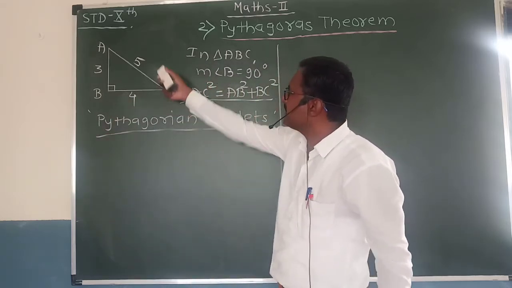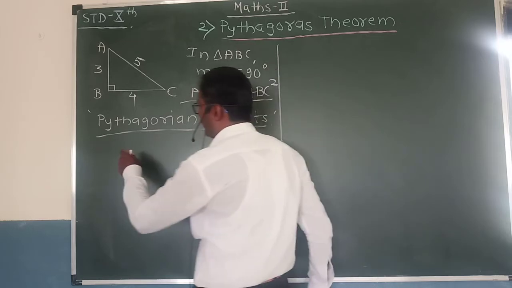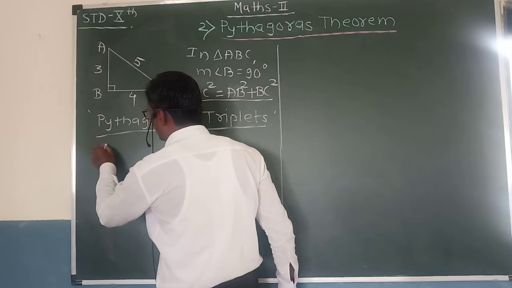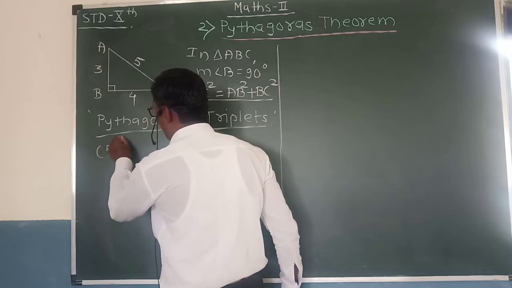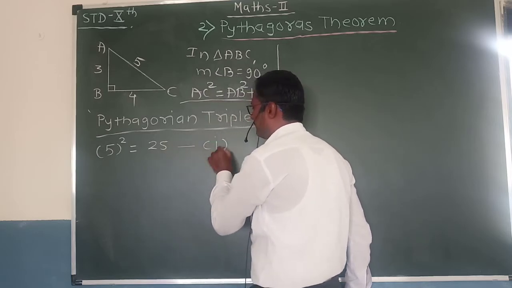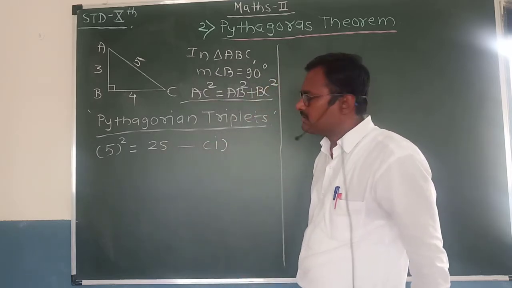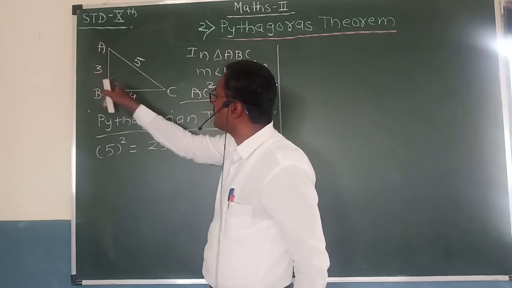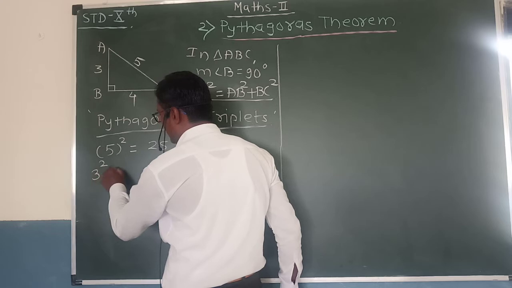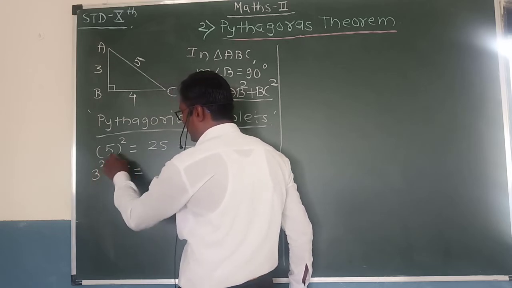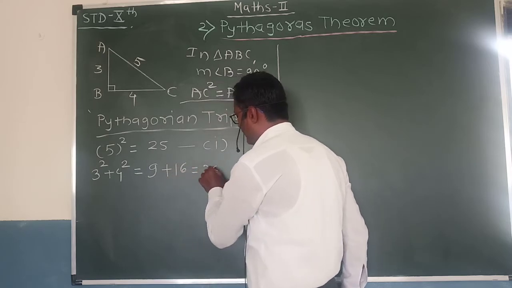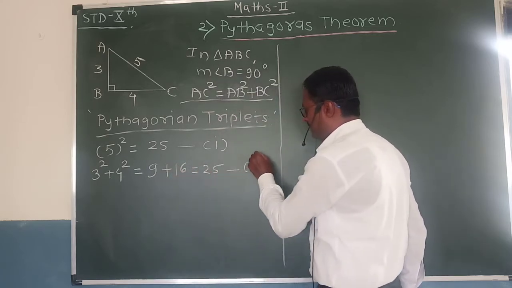In this case, the hypotenuse square, or the largest number square, is 5 square, which gives 25 as first. And the sum of the squares of the remaining two sides, that is 3 square plus 4 square: 3 square is 9 plus 16, you get 25 as second.